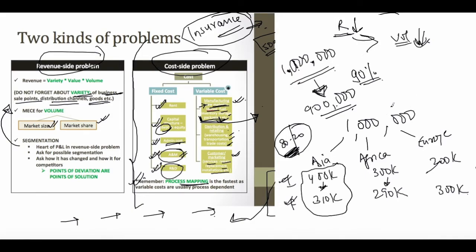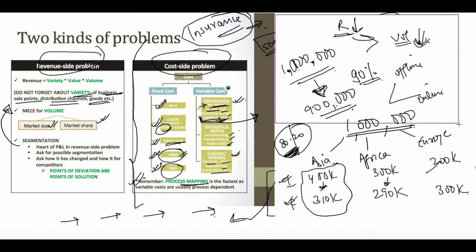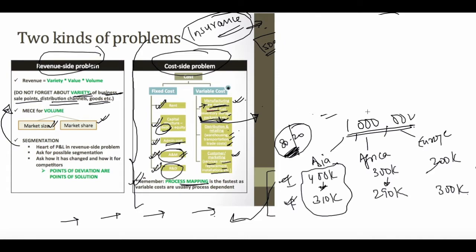Now if I had not divided my overall sales volume along geography, I might not have seen this kind of split. Let's say I had divided according to channels, offline and online. Let's do it in a cleaner fashion. Let's say I had divided into offline and online.